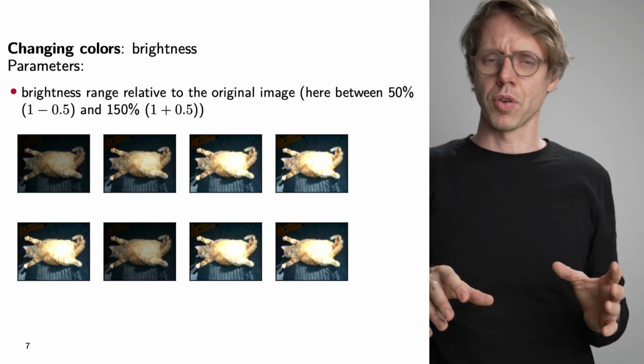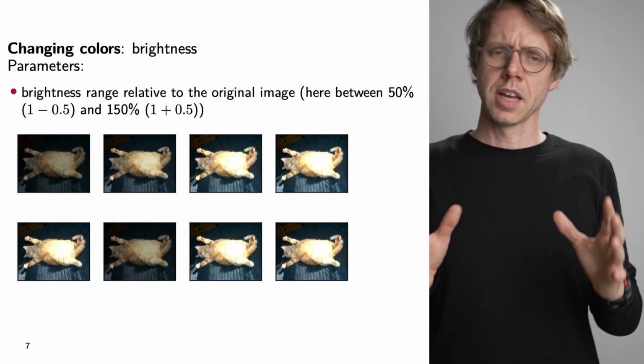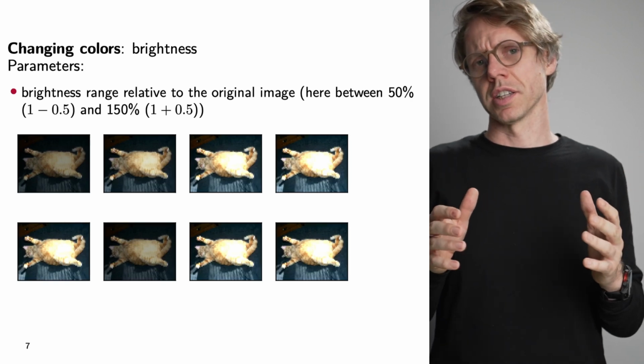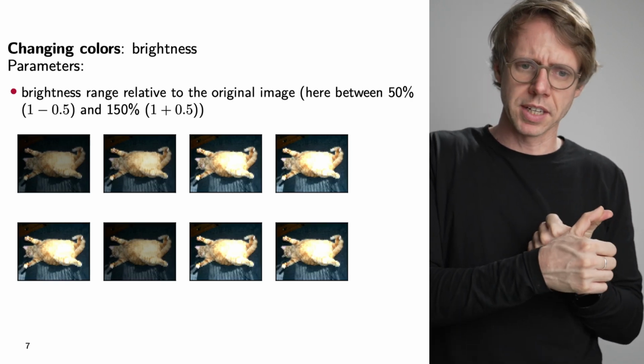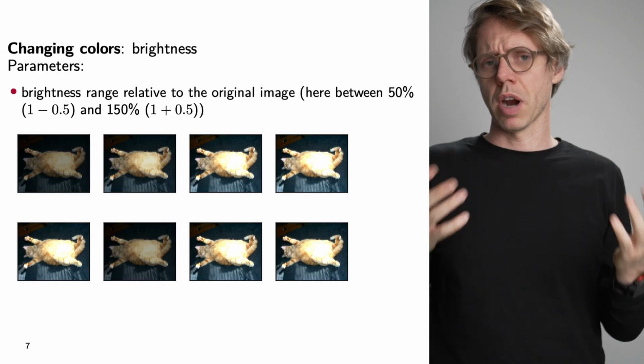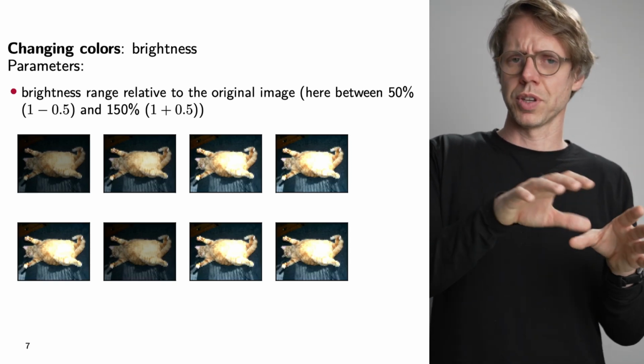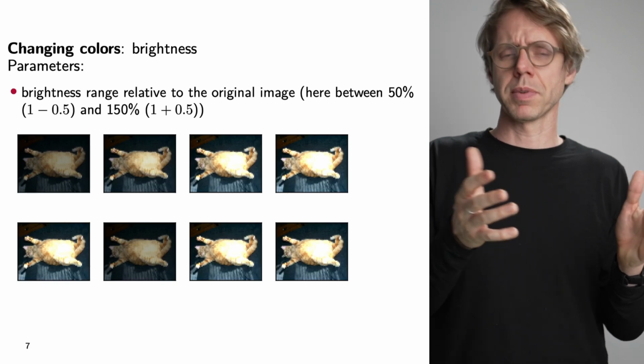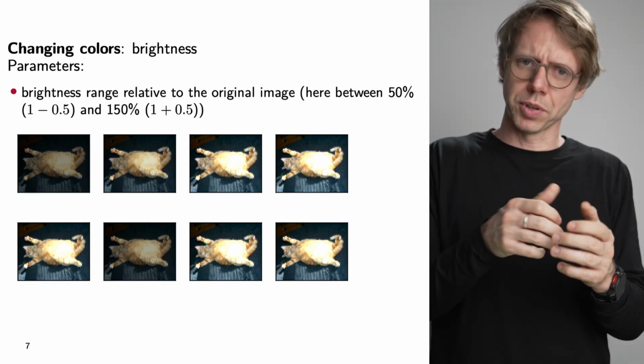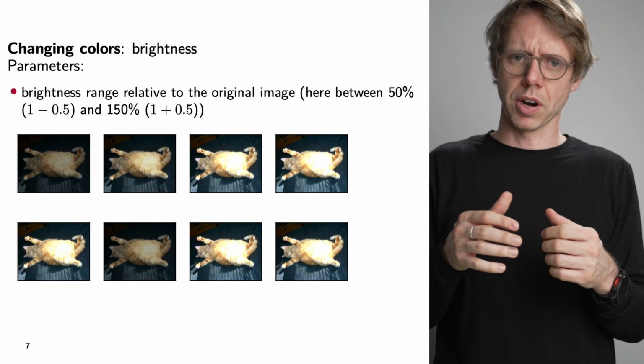Another type of augmentation technique might be to change the colors. For example, we can change the brightness. So if we parameterize brightness in relation to the original image, then we have a single continuous parameter for our augmentation.